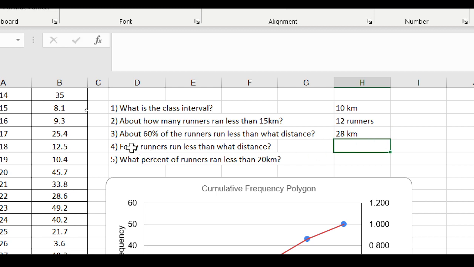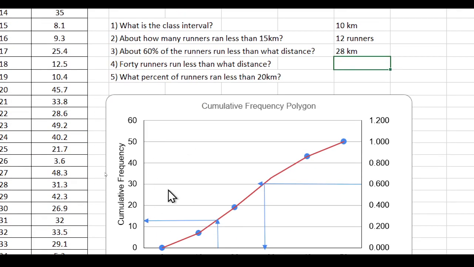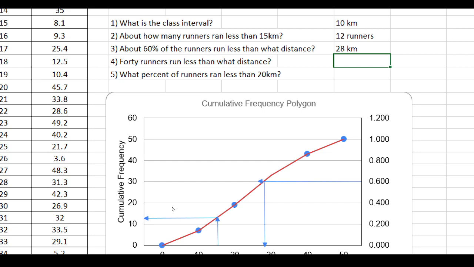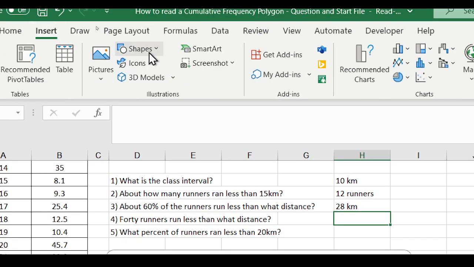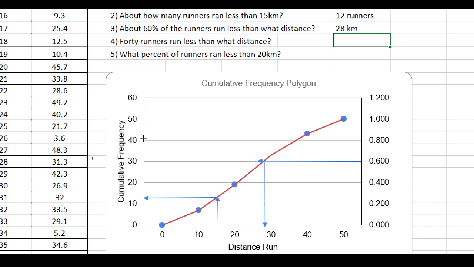Next question, 40 runners run less than what distance? Once again, your cumulative frequencies are here. They're giving you runners and they want to know a distance. So I'm going to go from the 40 to this polygon, and then I'm going to go down, and that'll give me a distance.